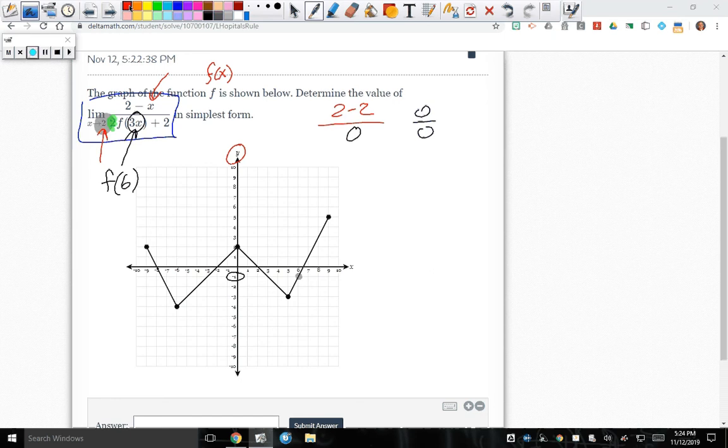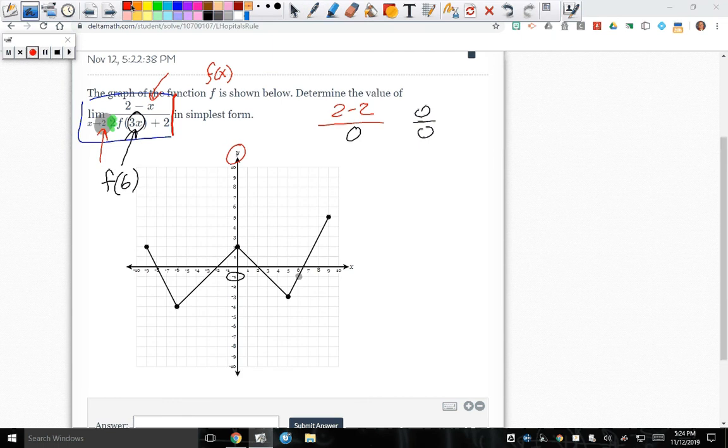Right off the bat, on the test, if and when you use this, do not say that this is equal to 0 over 0. Because what you just did there is now you cannot use L'Hopital's rule. You're not saying that this limit is equal to 0 over 0, because it's not. 0 over 0 is an indeterminate form that we don't say is equal to whatever the value of the limit is.